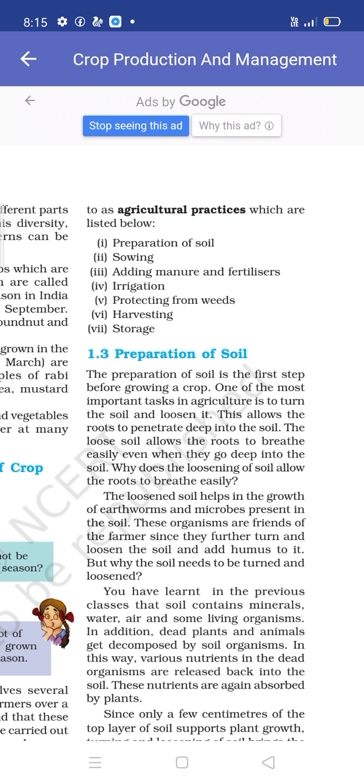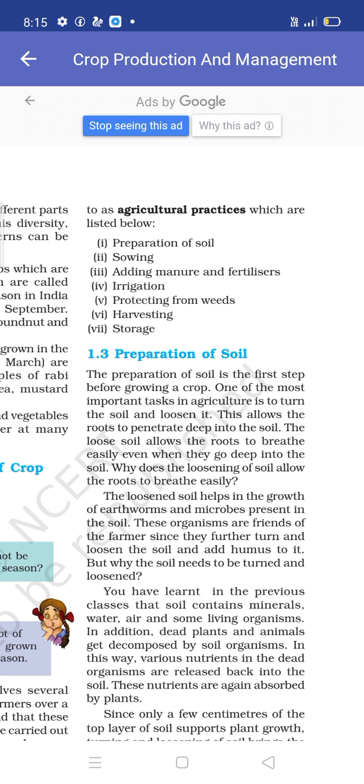The loose soil helps the growth of earthworms and microbes present in the soil. These organisms are friends of the farmer, since they further turn and loosen the soil and add humus to it. Humus means dead decaying plants and animals.